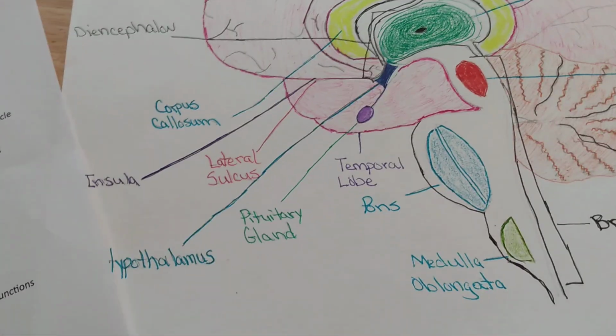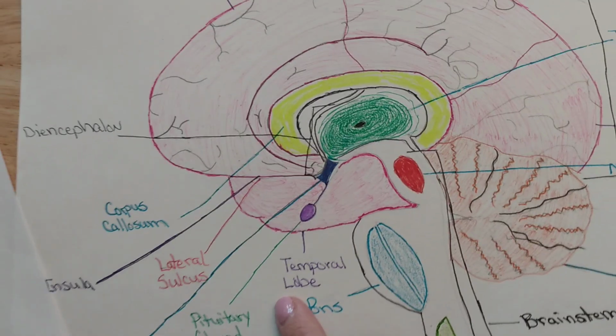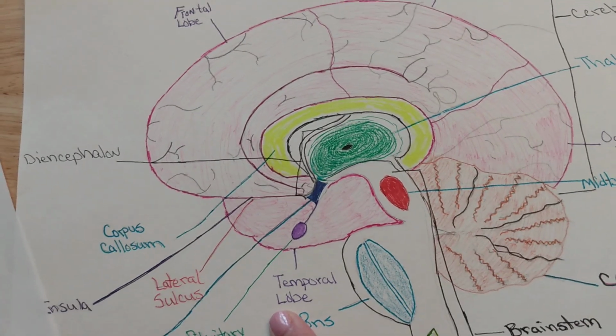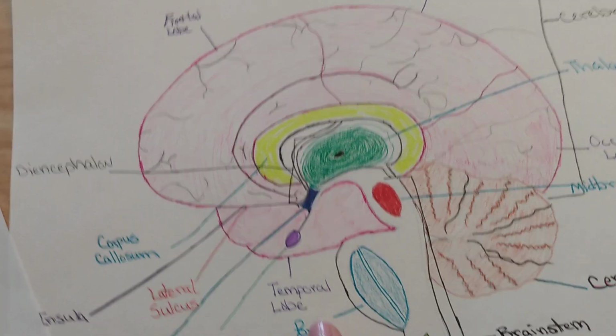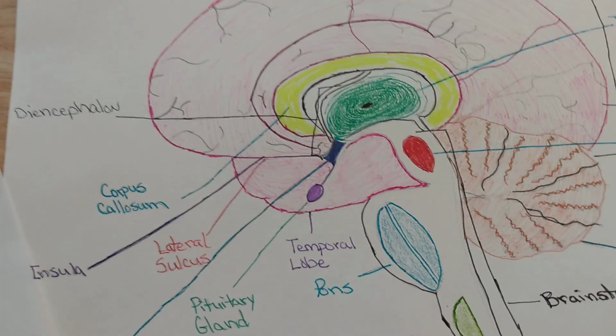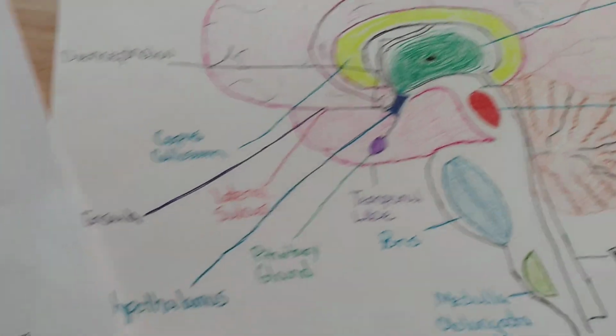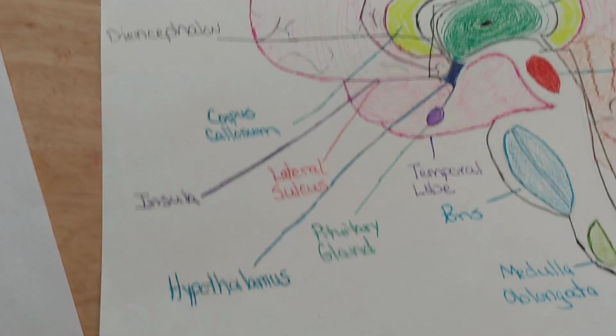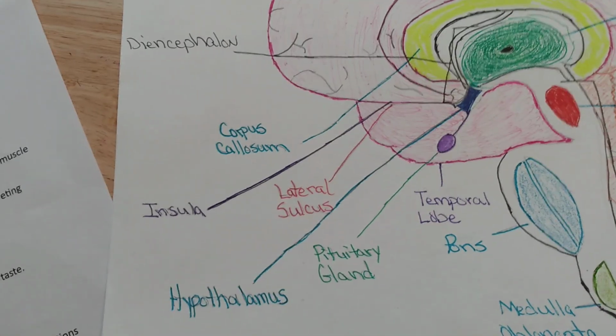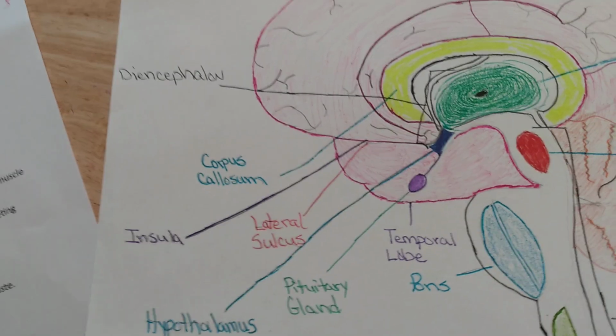We also have the temporal lobe, which would be kind of around your ear area. And we also have the insula, which is actually not visible from these diagrams.